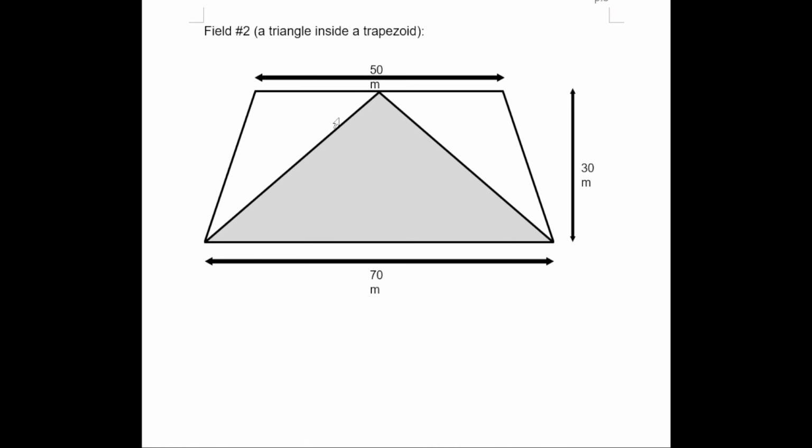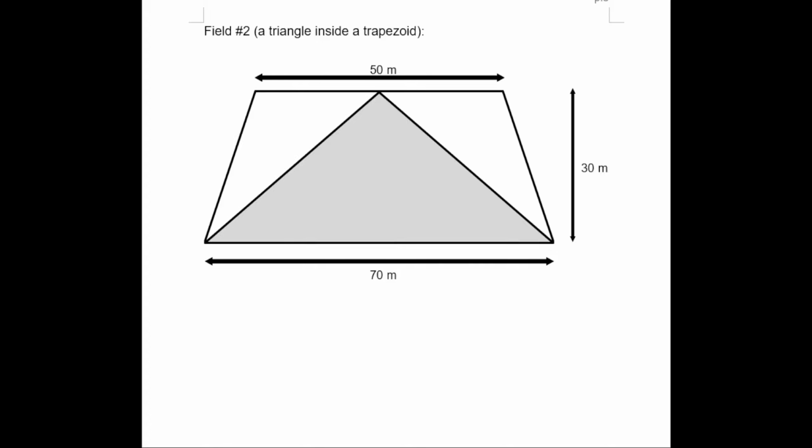So field number 2, we have a triangle inside of a trapezoid. Let me fix this real quick. The formatting's a little off. Okay, so we've got a triangle inside of a trapezoid. So let's find the area of my shaded region, which is this triangle here, right?